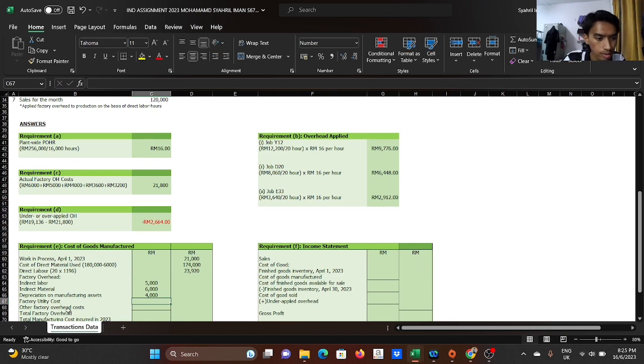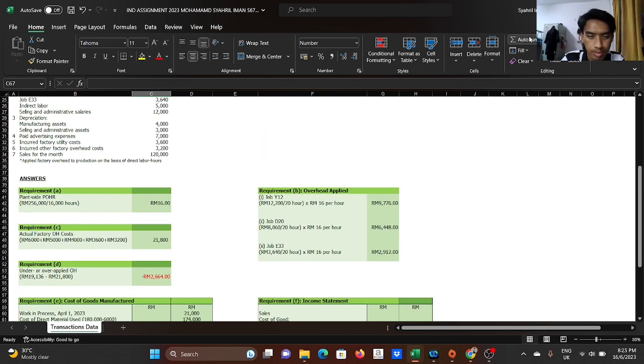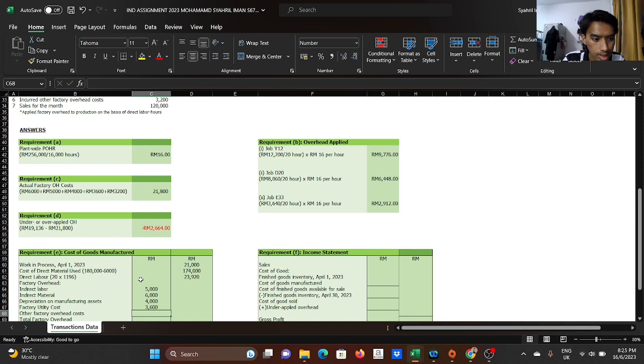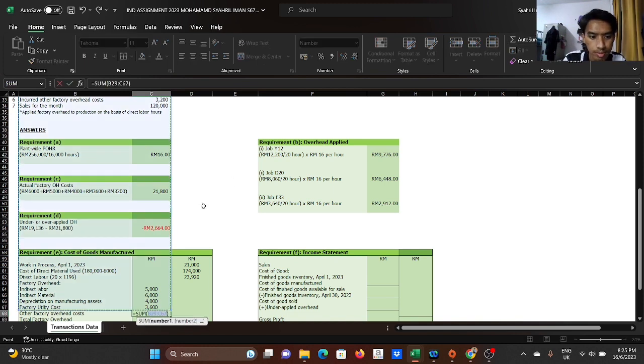Next is other factory overhead costs. And lastly is other factory overhead costs.